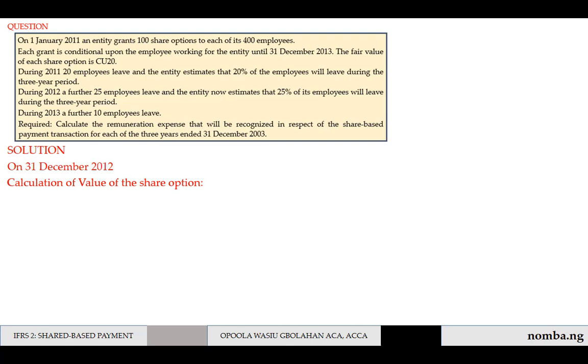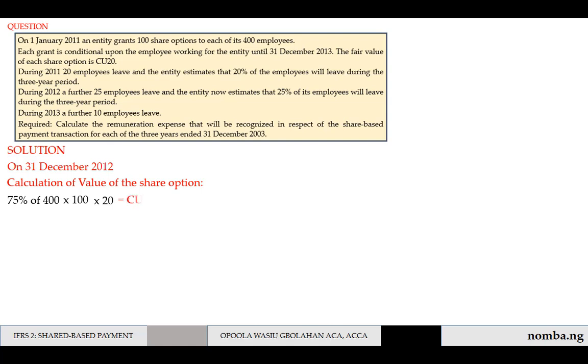So they are estimating that for these 3 years, at the end of 2012, 25% will leave. So only 75% will exercise their option. Therefore, at the end of 2012, the value of the share option will now be 75% of the 400 employees, multiplied by the number of options per employee, which is 100, multiplied by the fair value, which is 20.